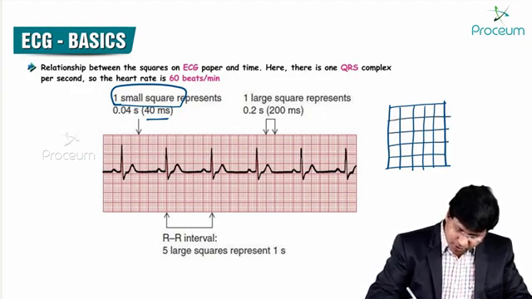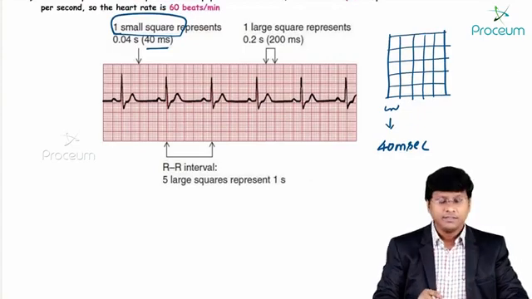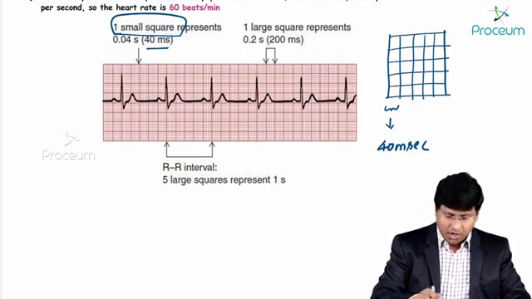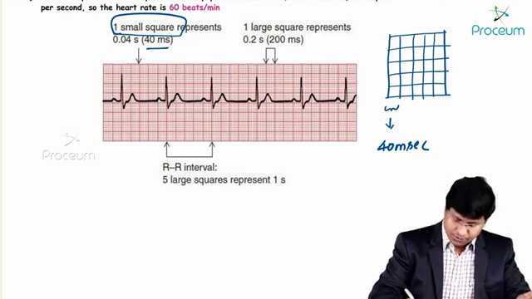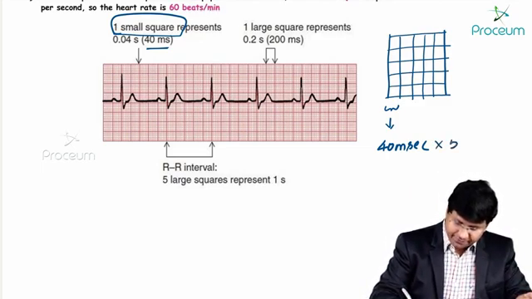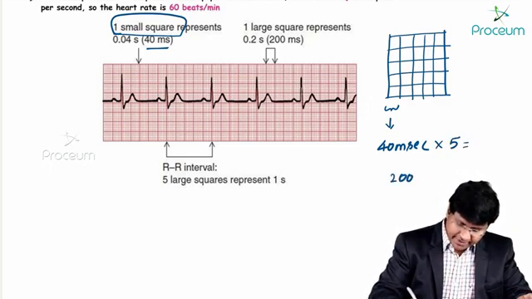So one small box is 40 milliseconds. In one large box, how many small boxes are there? 5 small boxes are there. So you multiply this by 5. How much does it become? 200 milliseconds.